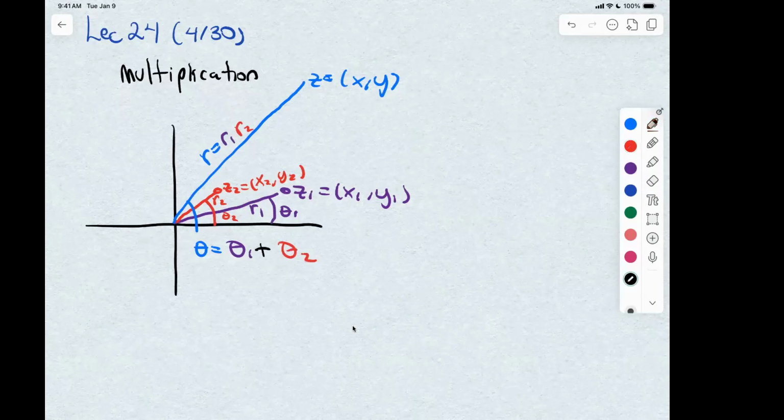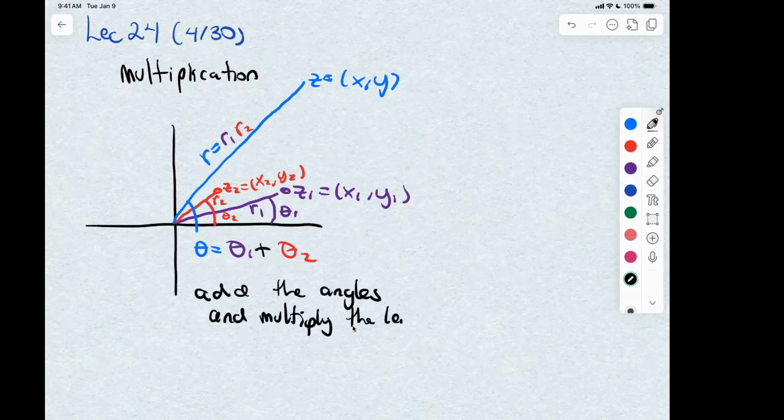So you add the angles and multiply the lengths. Is that okay?